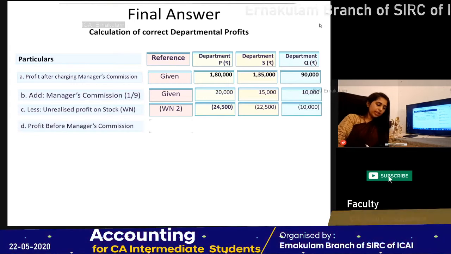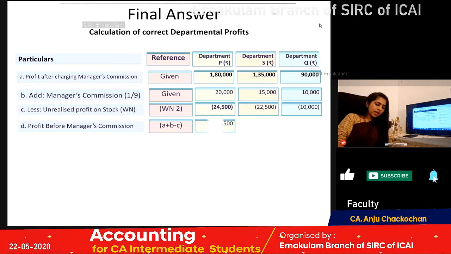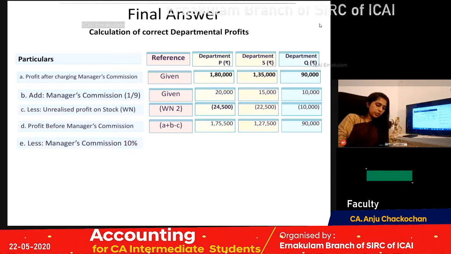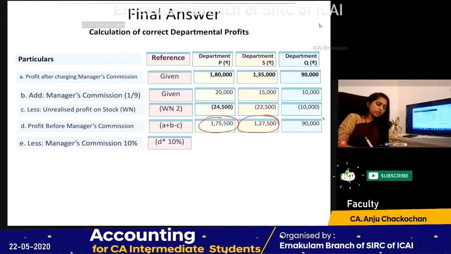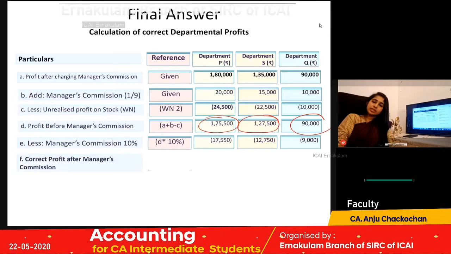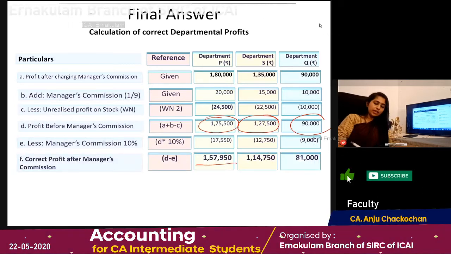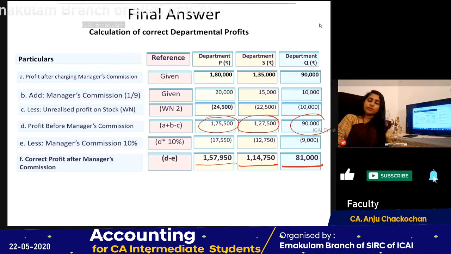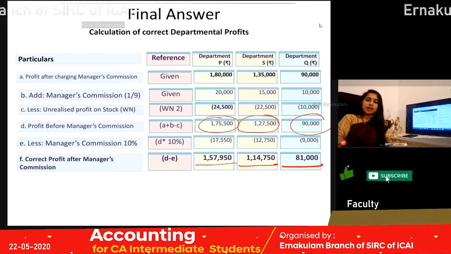And then we get the profit before commission, okay? And after which we have the manager's commission which is computed as 10% of this amount, and then we get the final corrected profits as 1,57,950, 1,14,750 and 81,000. Good, students, all you have come up with correct answers.